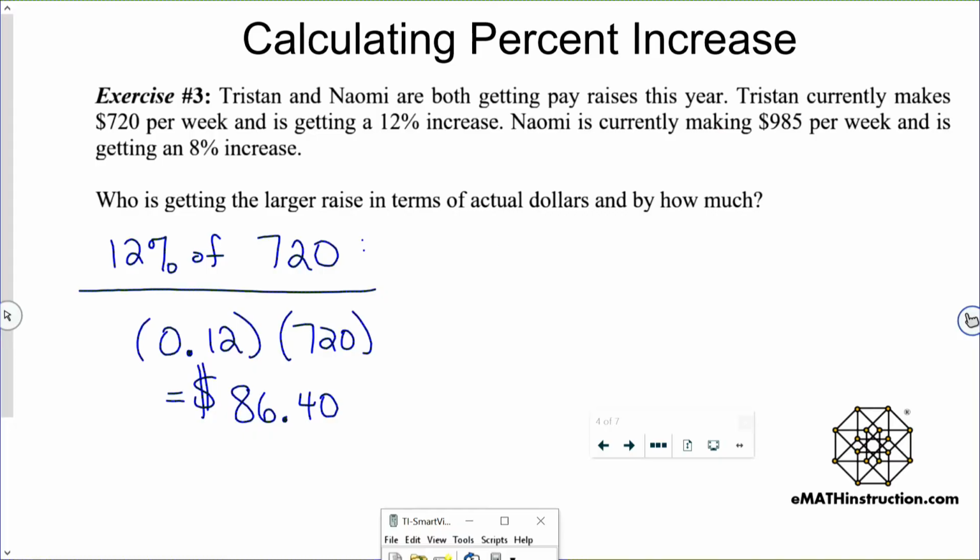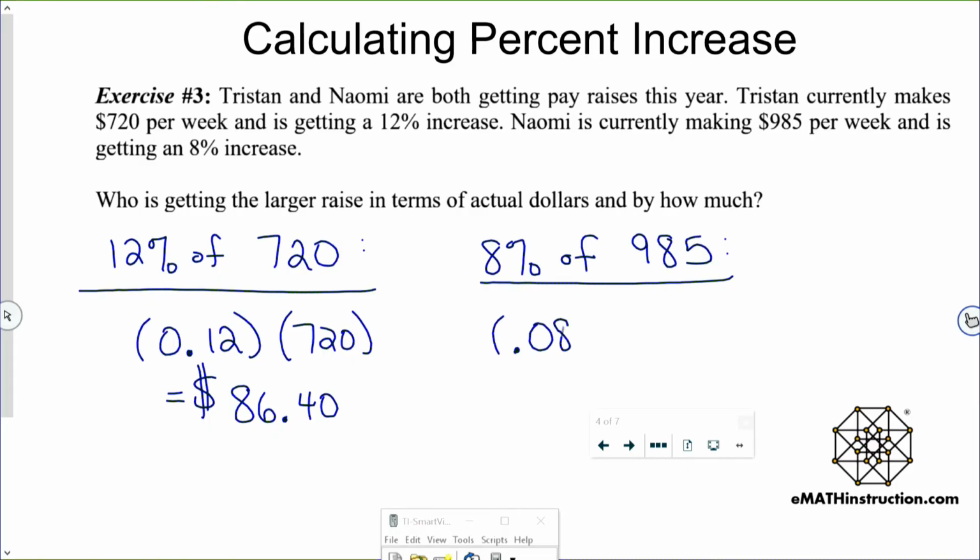For Naomi, we're going to get an 8% of 985. So let's figure out what that is. And again, going right to the product stage, 8% is 0.08 times 985.